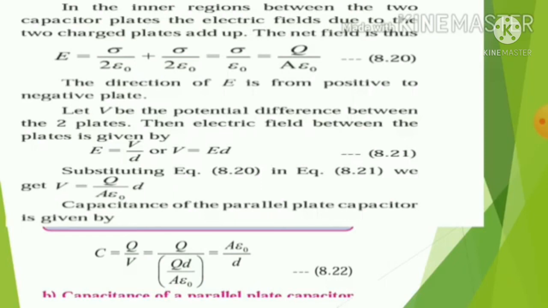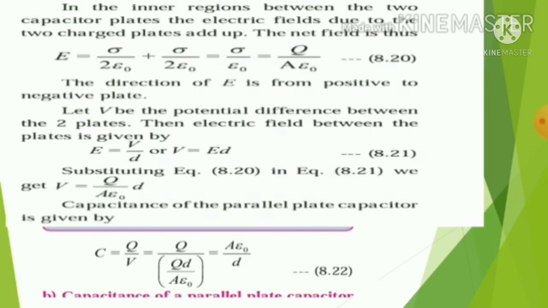Then we know that sigma is the surface charge density, and sigma equal to Q upon A. This equation arises from the definition of surface charge density: the continuous distribution of charge per unit surface area of the conducting body is called surface charge density.